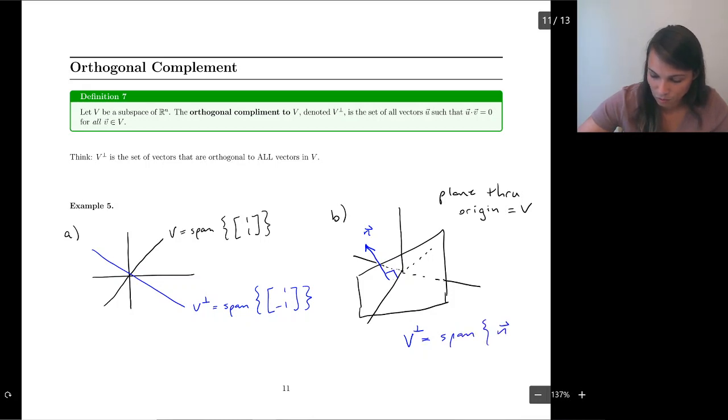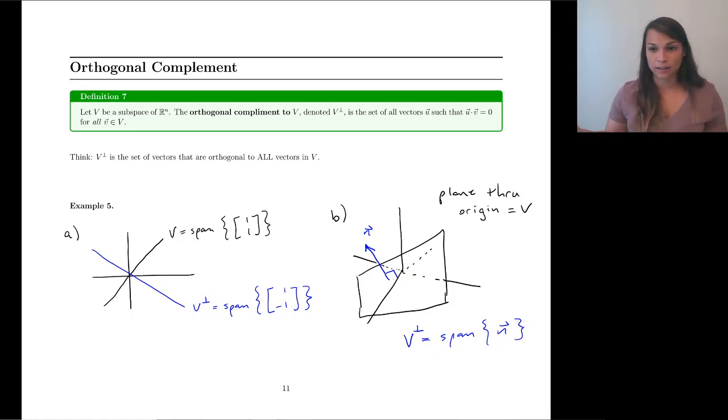The span of the normal vector. There we go. Okay, so those are two quick visual examples of what the orthogonal complement to V would be.